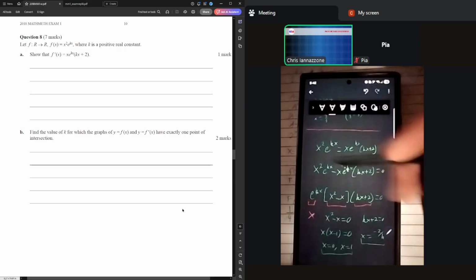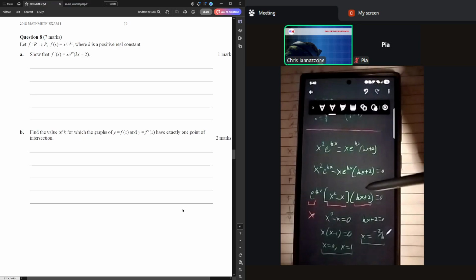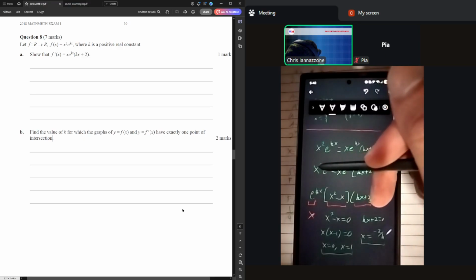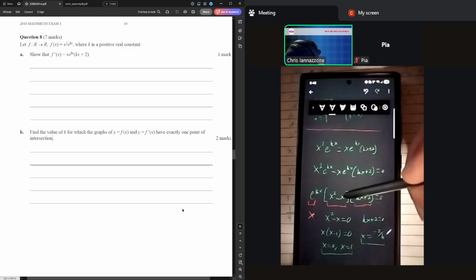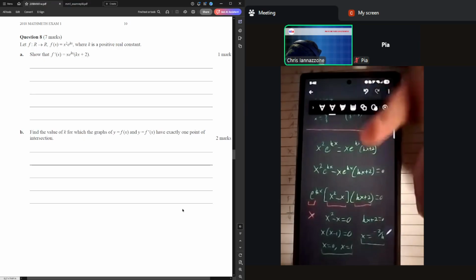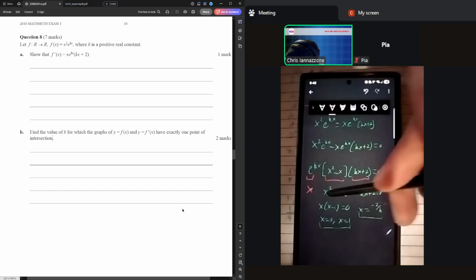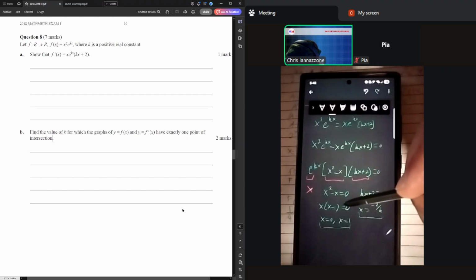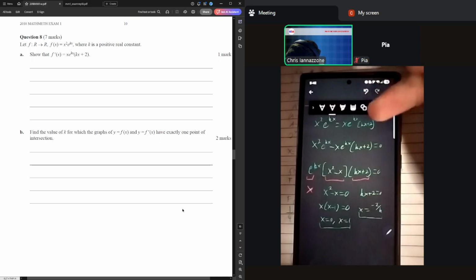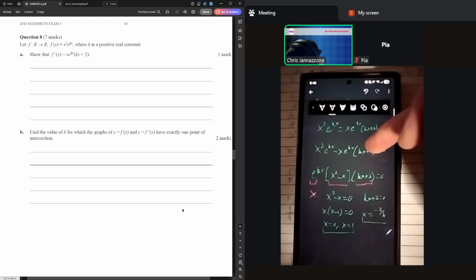Good. e to the kx out the front. x squared should be left behind. x should be left behind. kx plus 2 should be left behind. Take 1. x equals 0, x equals 1, x equals negative 2 on k.